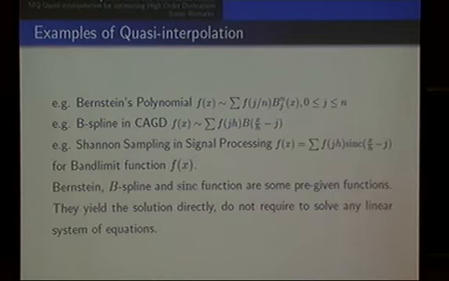For example, we know the Bernstein quasi-interpolation, and the spline, and the Shannon sampling in signal processing, which Professor Kwong has shown in his talk. And this is for the band limited function. The Bernstein, B-splines, and the sinc function are some pre-given functions. They get the solution directly and do not require solving any linear system of equations.